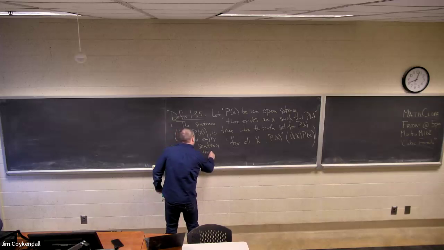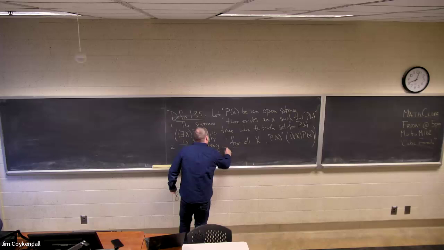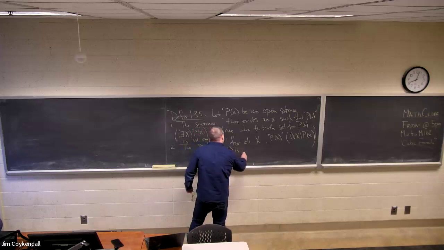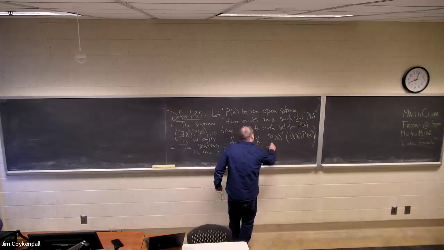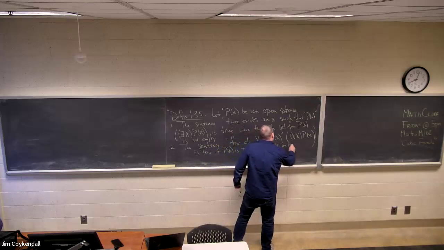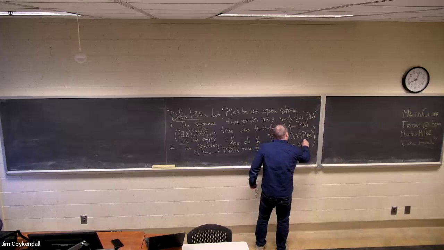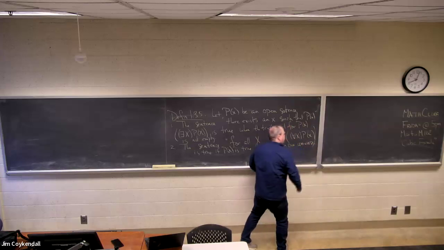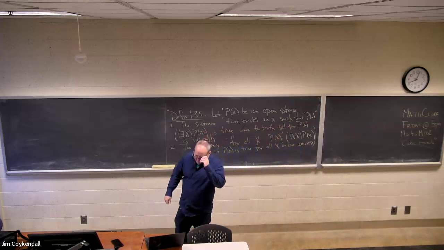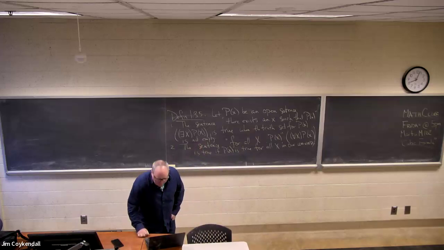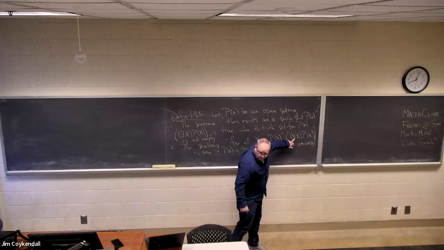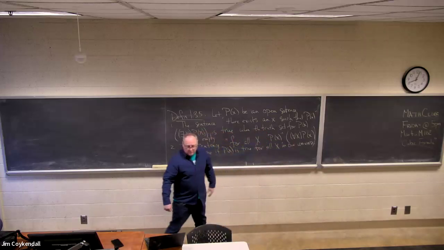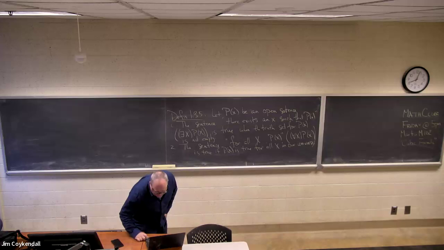It is true if P of x is true for all x in our universe. And the upside down A, for all, is sometimes called the universal quantifier because it's true for everything in the universe.